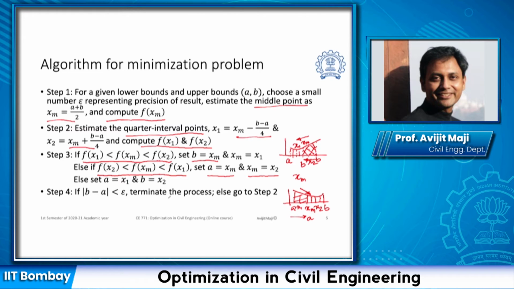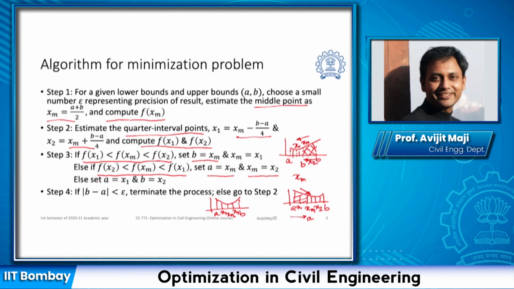In this case, the objective function is going to look like this, where these are my boundary values. This is my middle point, this is my second point, and this is my first point.